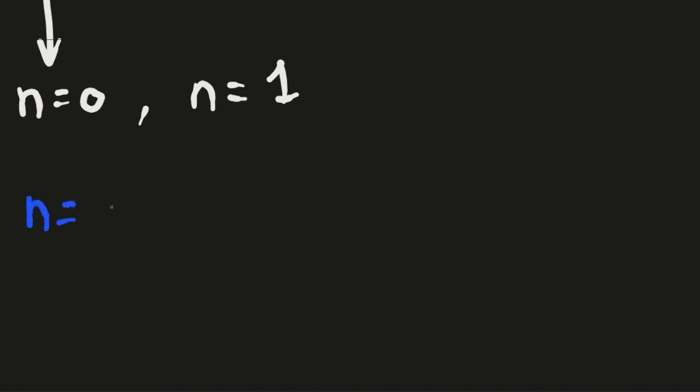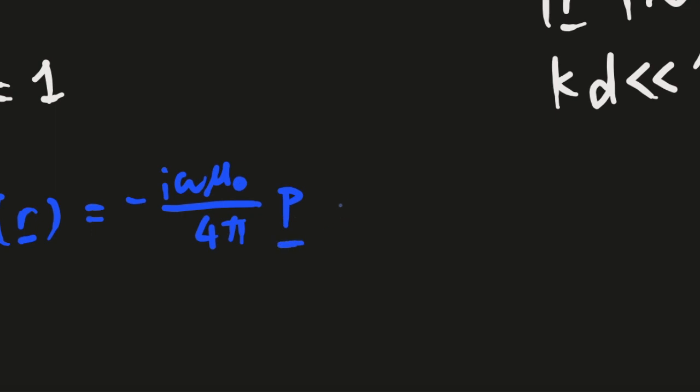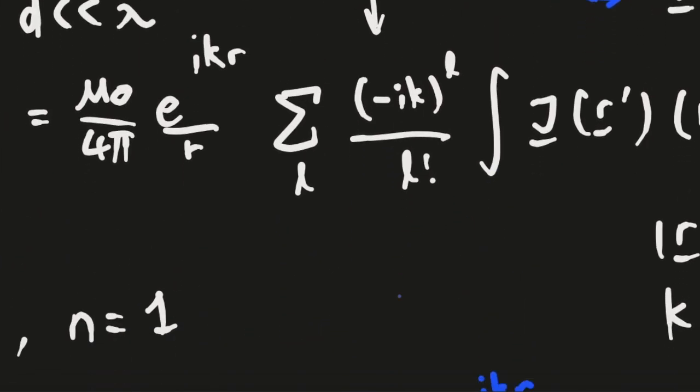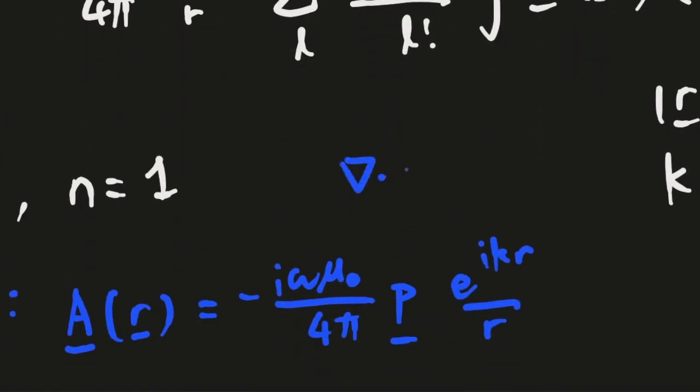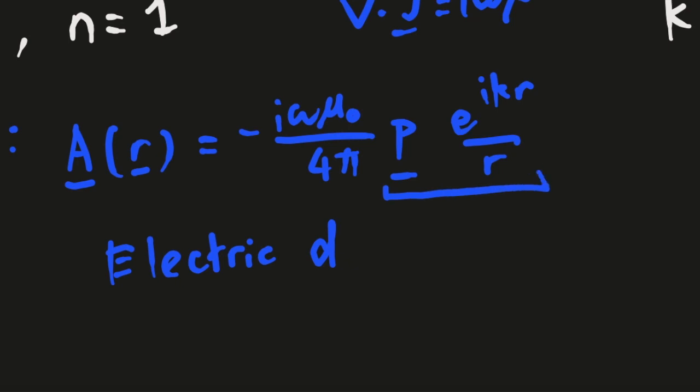For n equals 0, we have this term, negative i omega mu naught over 4 pi p e to the ikr over r. You get this by doing integration by parts, and you use del dot j as i omega rho. And this is the electric dipole radiation. You can sort of see it from here.